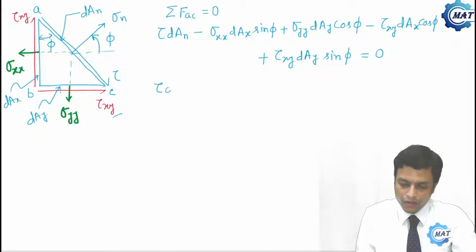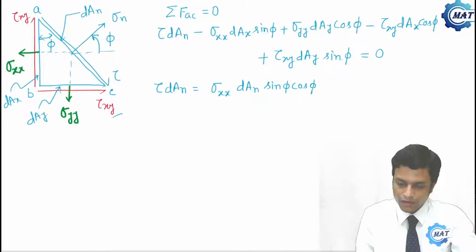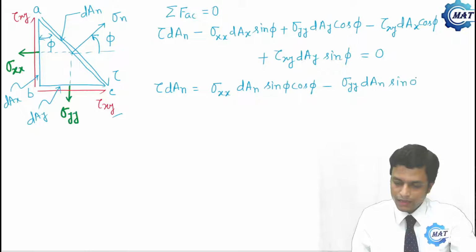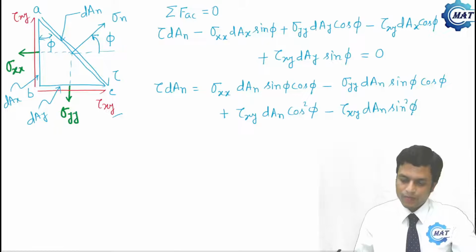Now tau DAN is sigma xx DAN sine phi cos phi minus sigma yy DAN sine phi cos phi plus tau xy DAN cos square phi minus tau xy DAN sine square phi.